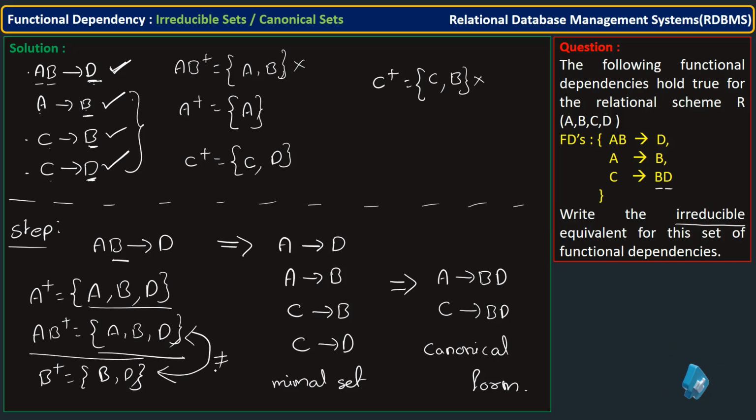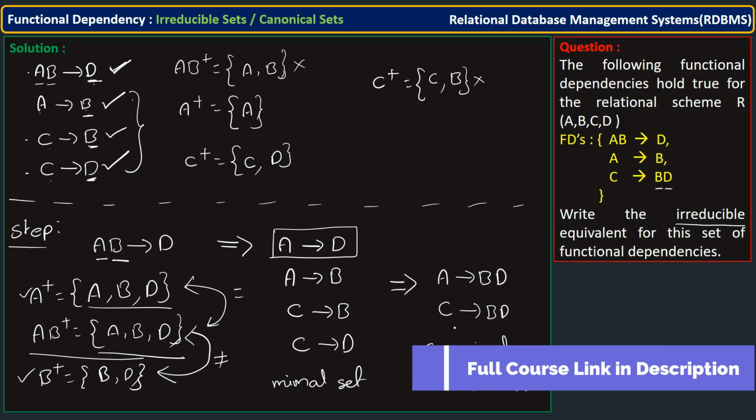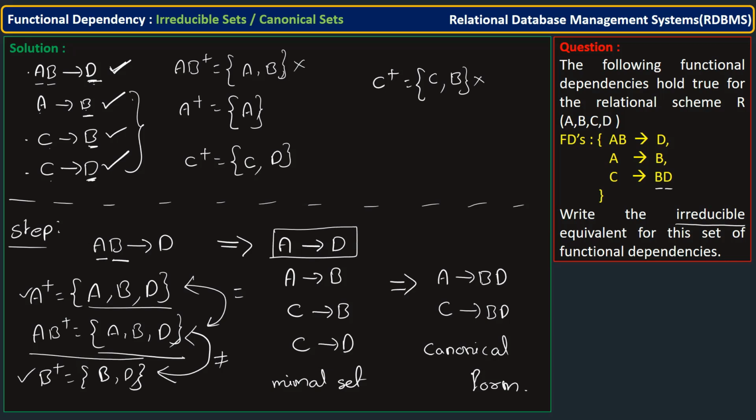No, both of them are not the same, but in this case both are the same. That is what you have to understand. So find the closure of every individual attribute and every subset. Whichever subset's closure is equal to the total LHS closure, you can replace the LHS part with that subset. That is what was done. Now this is the minimal form finally, and you can write it like this. So this is the canonical form.